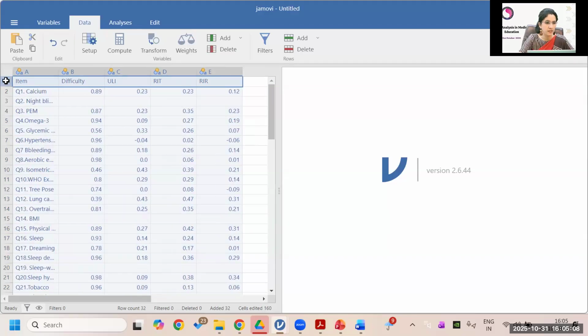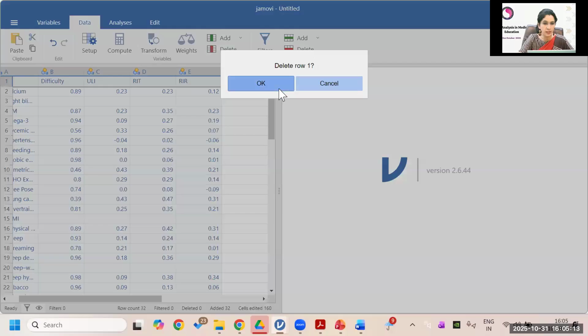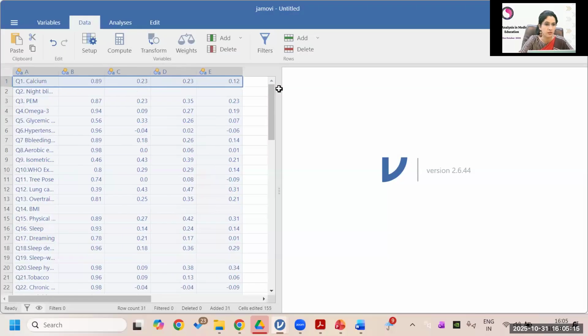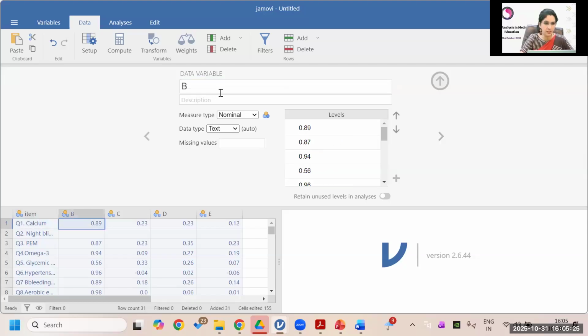And again, since this also I will delete because I have to rename the variable. So I'll go to this. I will click this as an item. I'll go to the next variable. The next variable is the difficulty index, DI. I will change it to continuous. And this is in decimal. Then next in this is your discrimination index.